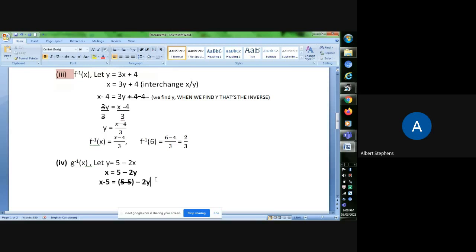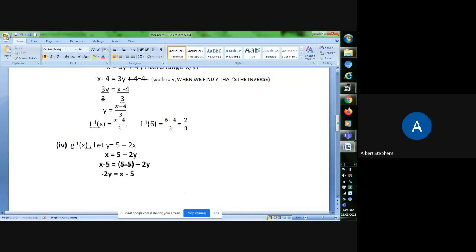Now what I'm going to do is spin this around for convenience, because we want y. So we have minus 2y equals x subtract 5. So class, what do I want? I want y. And this is negative 2, but all of this together is negative 2y.